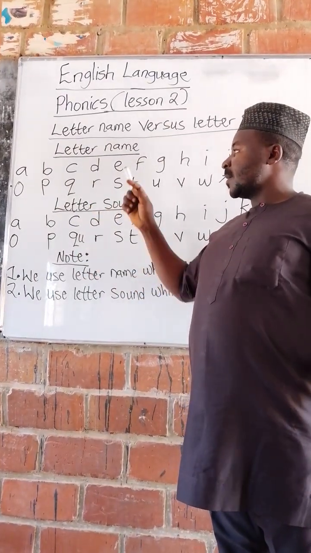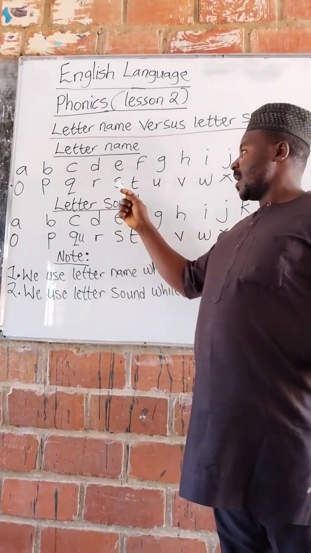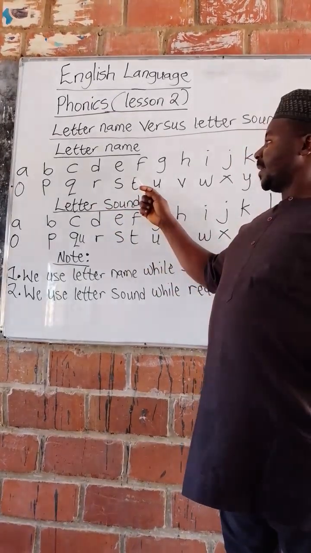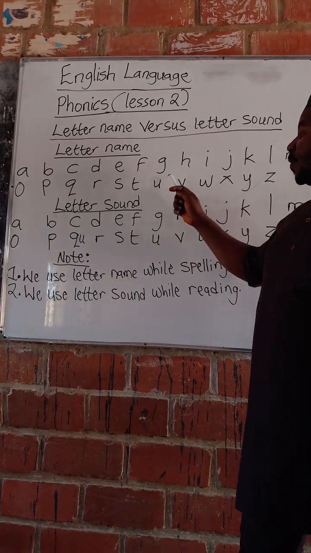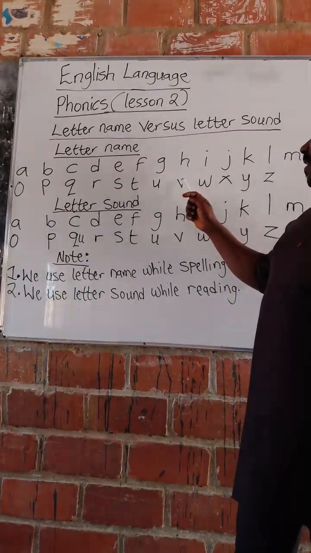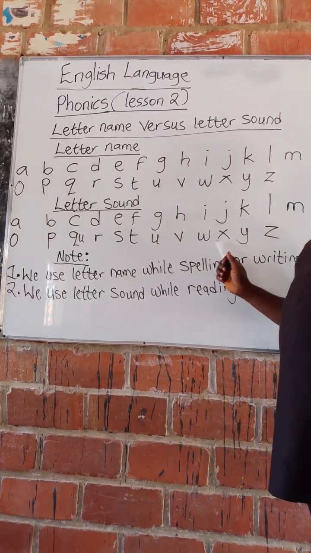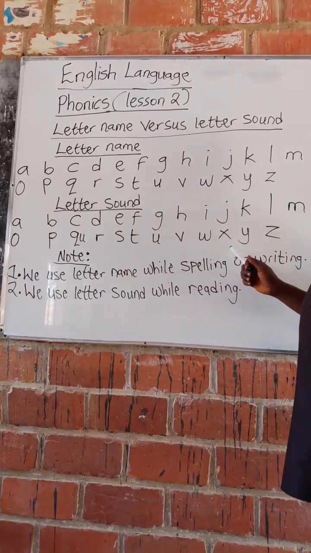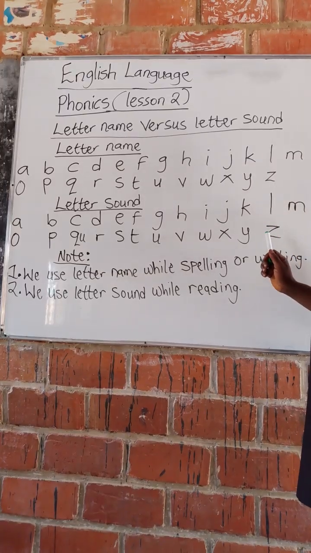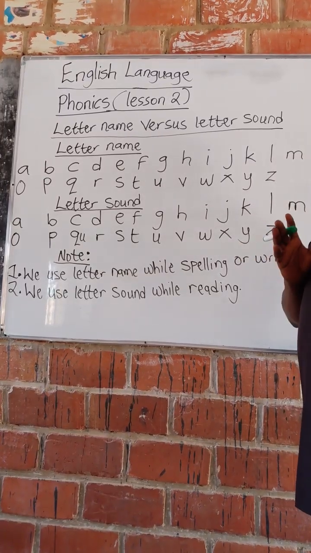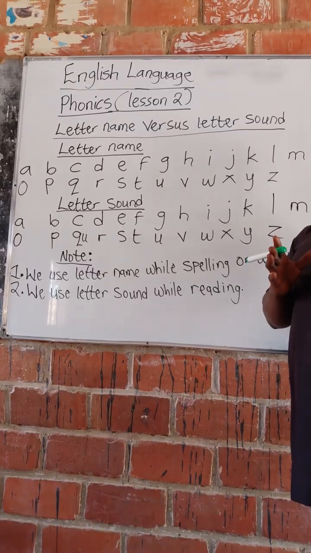R, S, T, U, V, W, X, Y, Z. So this is the difference between letter name and letter sound.